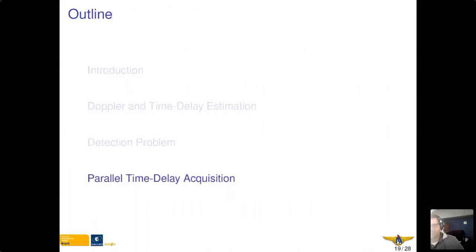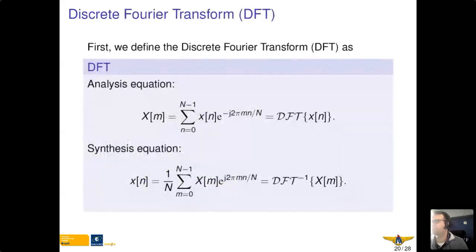So how can we do this in practice? So the parallel time delay estimation or acquisition. First, we define the discrete Fourier transform again. So just to repeat this, the analysis equation for the discrete Fourier transform, sorry, it's not the discrete time Fourier transform, it's the discrete Fourier transform.